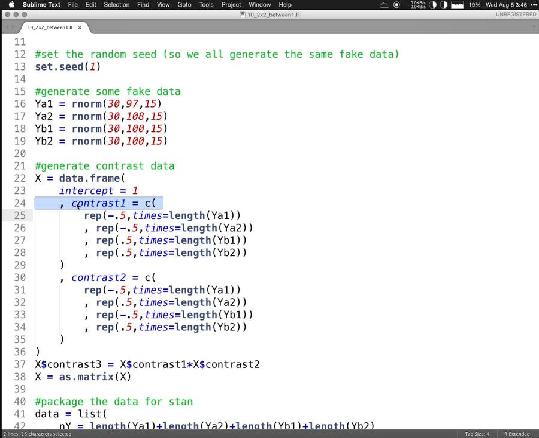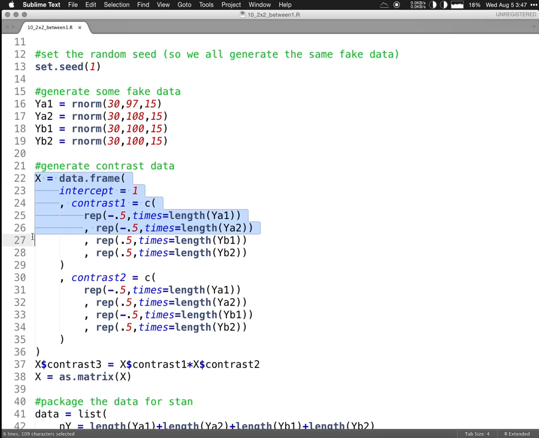Another column codes for the first contrast, for A versus B, so -0.5, -0.5, 0.5, 0.5. And then the next contrast is 1 versus 2, so that's -0.5, -0.5, 0.5, 0.5.